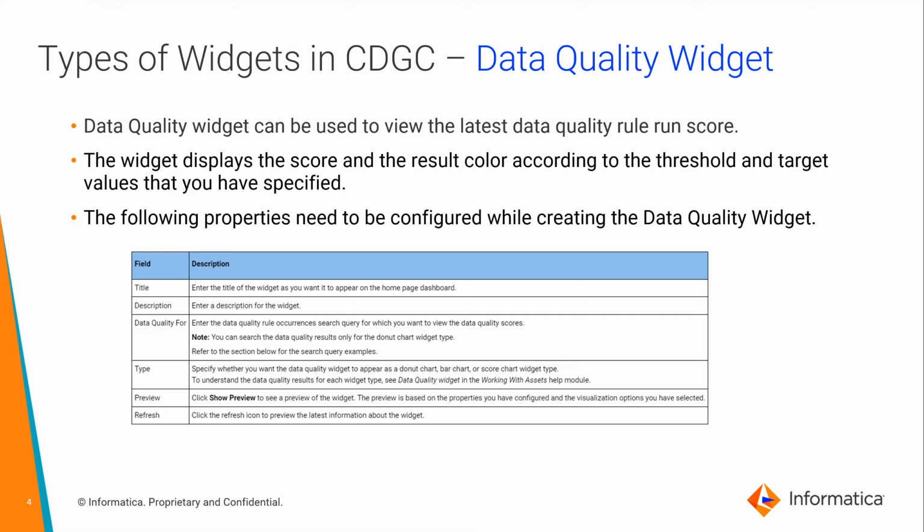Below are the properties that need to be configured while creating the data quality widget. We would be looking into the details of each of these properties while demoing the creation of each of these widgets.